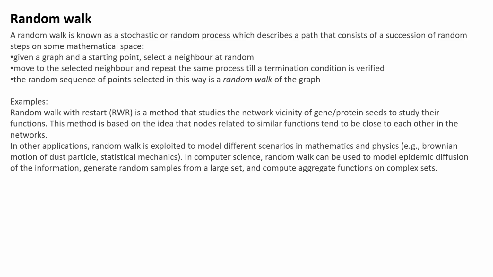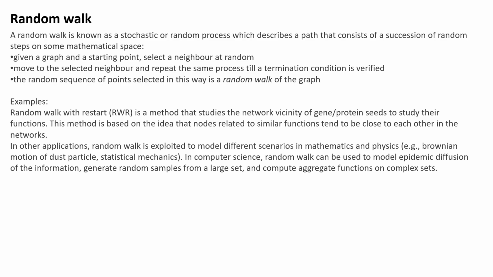This method is based on the idea that nodes related to similar functions tend to be close to each other in networks. And in other applications, random walk is exploited to model different kinds of scenarios in mathematics and physics, and even biology, obviously. For example, Brownian motion of a dust particle or statistical mechanics.